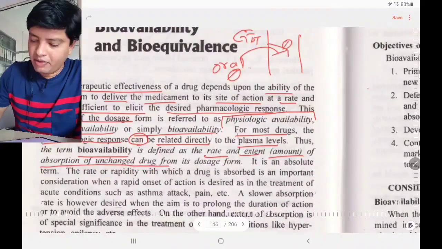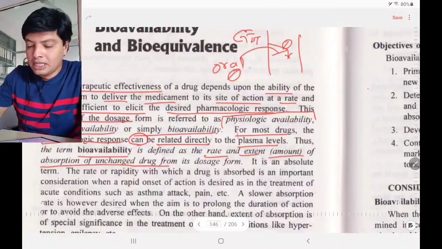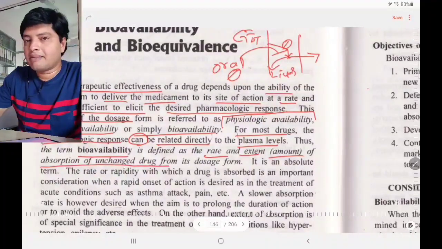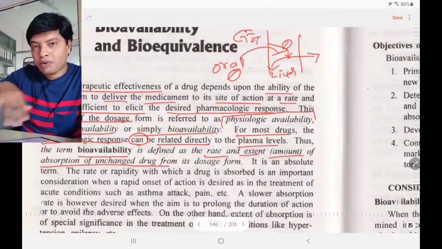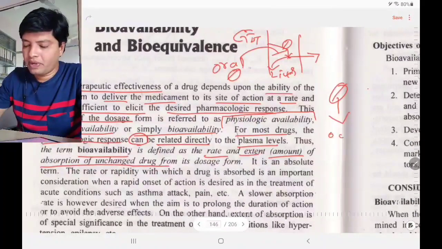From the tablet the drug will disintegrate, then dissolve, it will release. Then before going into systemic circulation, first it will go to the liver, it will get metabolized, some part of the drug is being metabolized. So in this process, the drug is releasing from the dosage form, then the drug is absorbing, the drug is metabolizing.